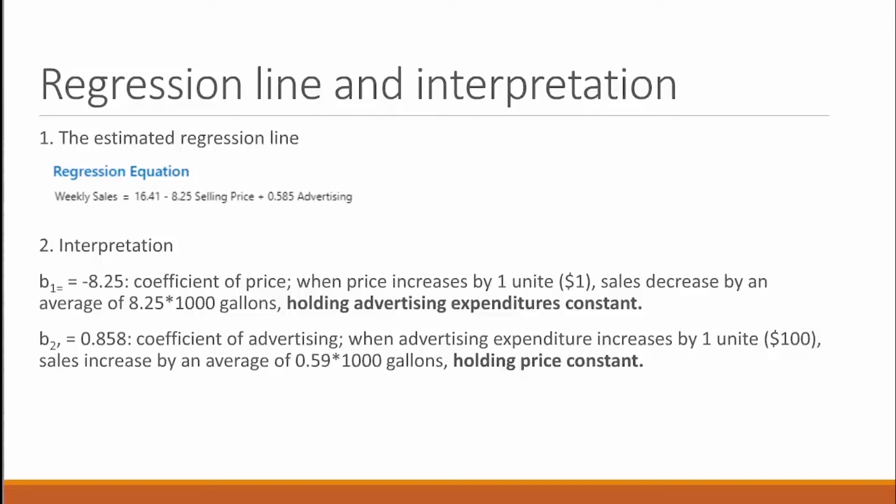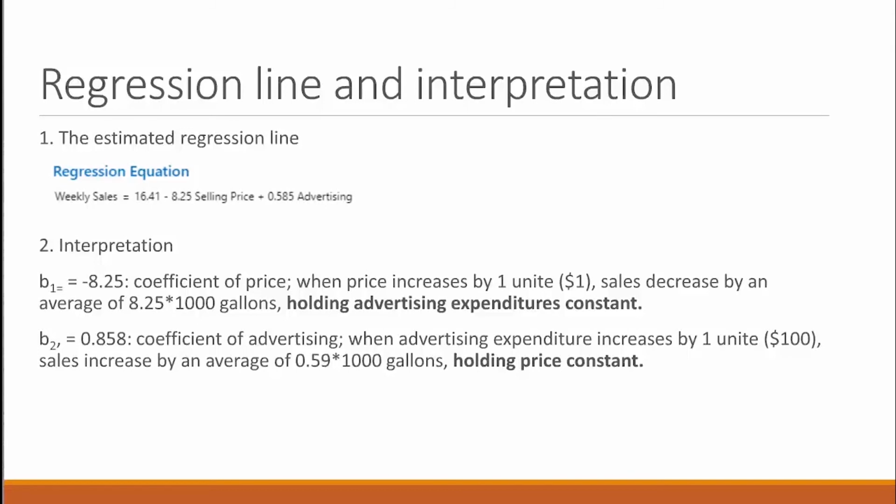Similarly, the interpretation for the second coefficient, which is 0.585, is that when advertising expenditure increases by 1 unit, which means $100, that's the unit in our data, sales will increase by an average of 0.585 times 1,000, which is about 585 gallons, holding price constant. So it's the same thing. If you want to change the other x variable, you want to hold the first x variable constant. So that's how we interpret the coefficients.